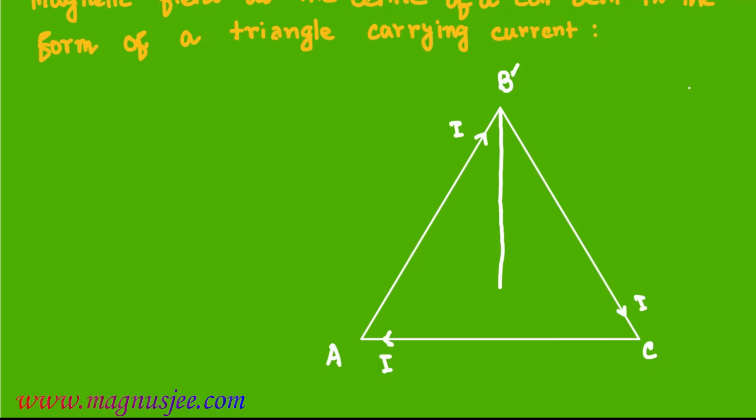Now we can draw three medians, and the point of intersection of the three medians is the centroid, and we have to find the magnetic field induction at that centroid.